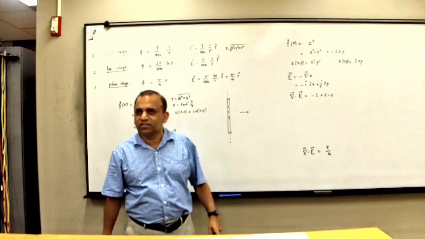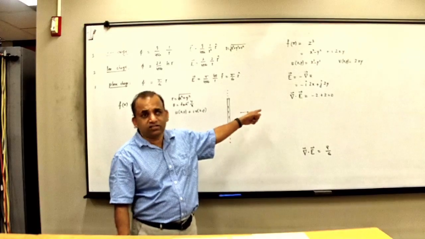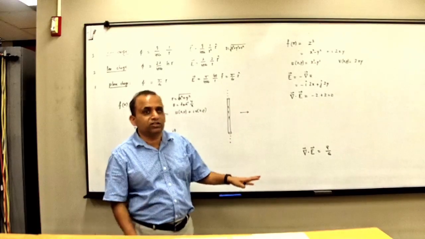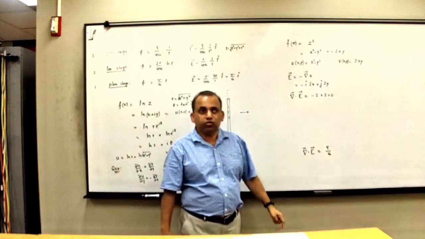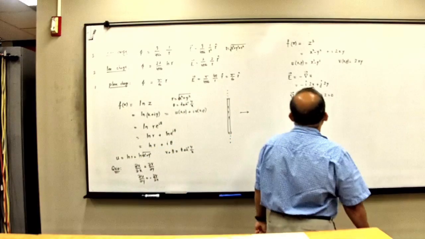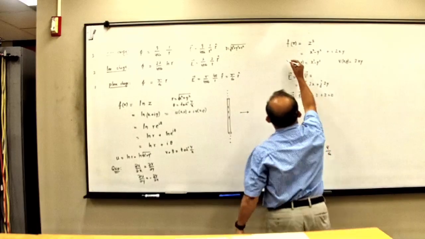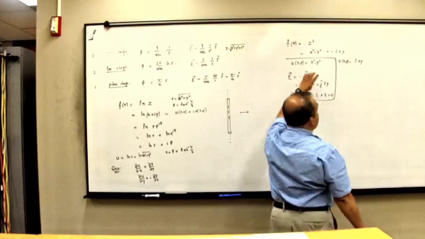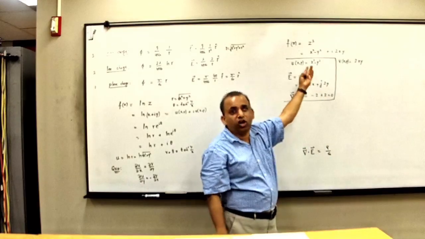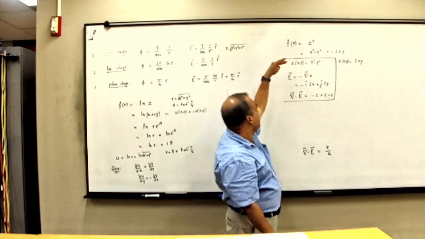That's not a coincidence. That's not just because of this function, but for any analytic function, this will come out to 0. So that's one configuration of charges in 2 dimensions.